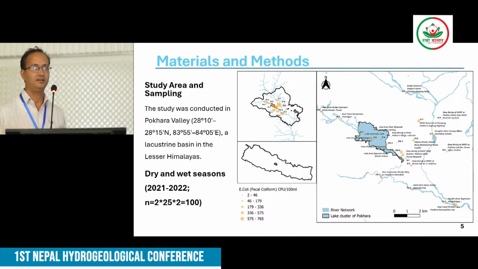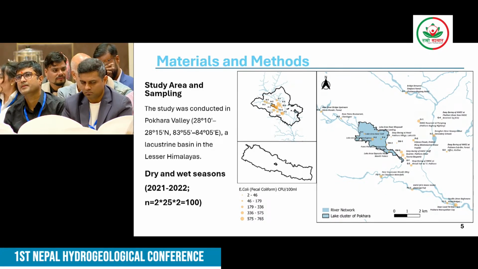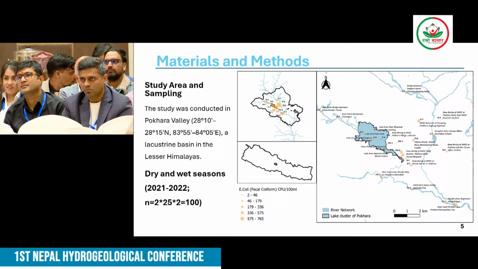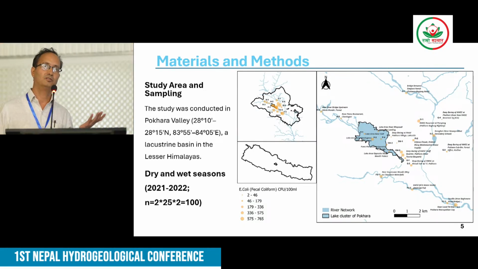So the study area is the Pokhara Valley, mainly focused on the metropolitan area. So we had three kinds of water sources. Groundwater: we had 8 groundwater sites, 5 deep groundwater sources and 3 shallow groundwater sources.